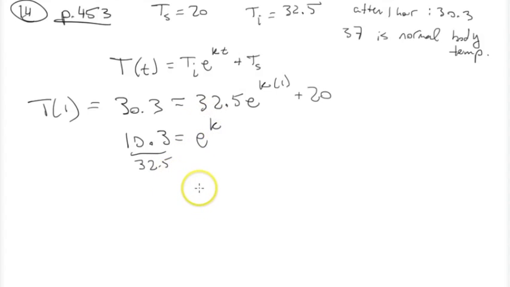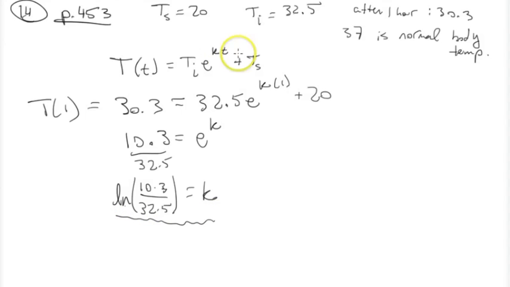And now we can use properties of logarithms and take the ln of both sides, and that will be the natural log of 10.3 over 32.5 is equal to k. And so now we have our natural growth rate. And we can go back up here then and plug it in for the equation.